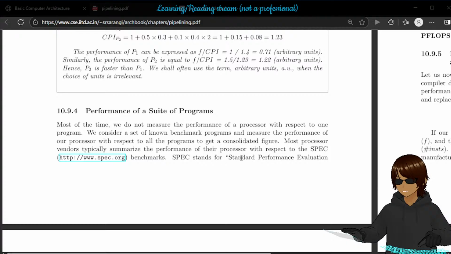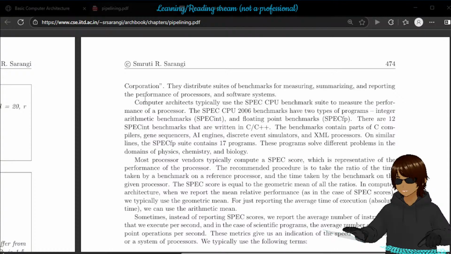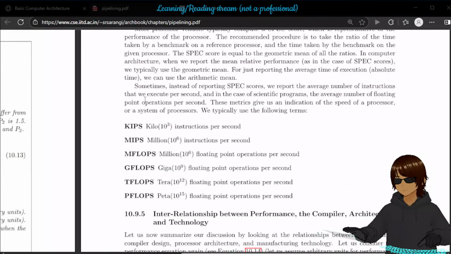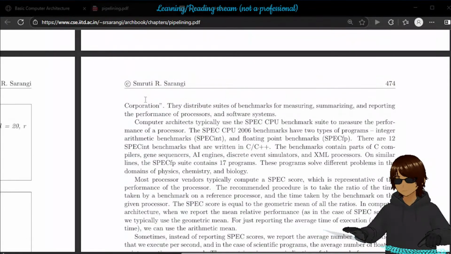SPEC stands for Standard Performance Evaluation Corporation. They distribute benchmarks for measuring, summarizing, and reporting the performance of processors and software systems.